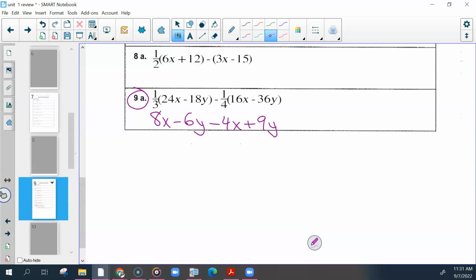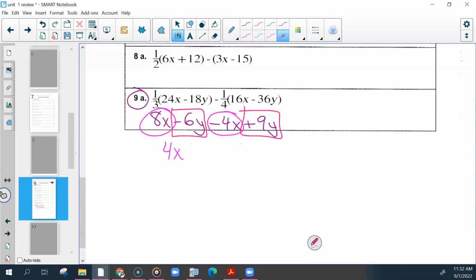Then, do we have like terms? Yes, we have x's, we have y's. If you are circling or putting shapes around your terms, make sure you include your signs that come in front of them. So 8x minus 4x would give us 4x.